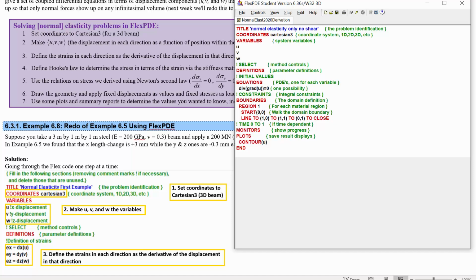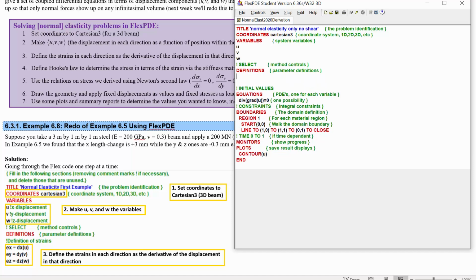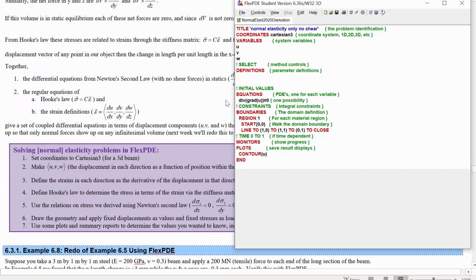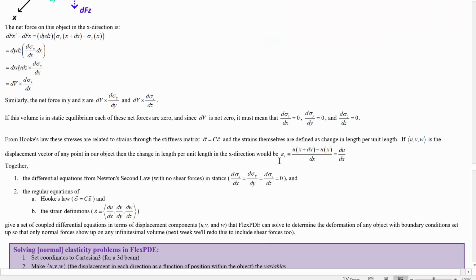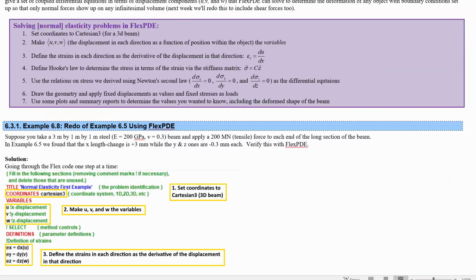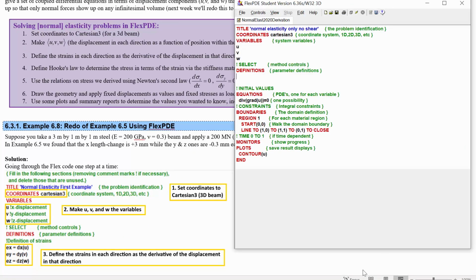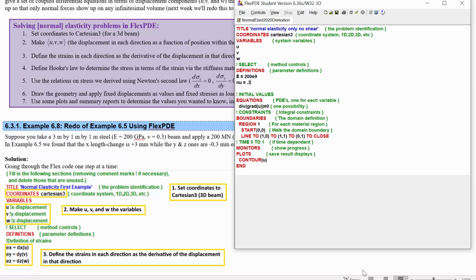So let's set up some definitions that we needed, like our Hooke's law stuff. So how do we define our Hooke's law? Well, we're going to need to write out this definition. So first we can write what E is and what nu is for the particular problem. So E is equal to 200E9 and nu is 0.3.